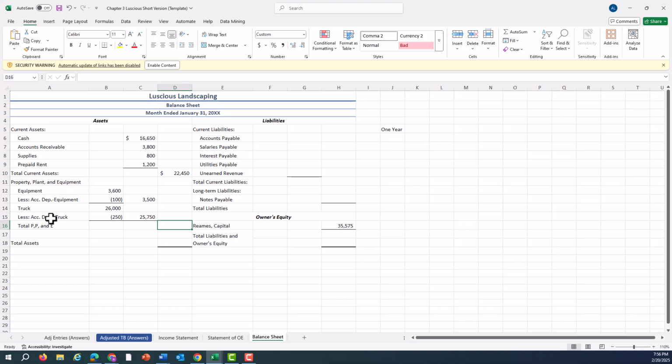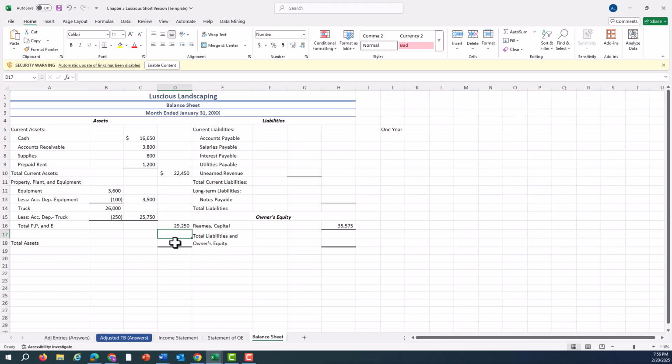So what is our total PP&E, our total non-current assets in this case? Well, we have equipment with a book value of $3,500, and we have a truck with a book value of $25,750. We have $29,250 worth of assets that we plan to use for more than 1 year into the future before they are expended.